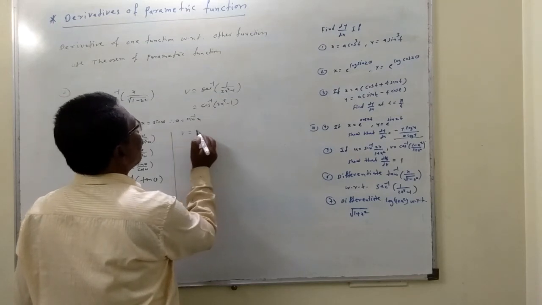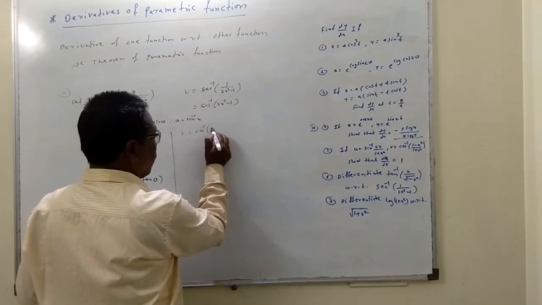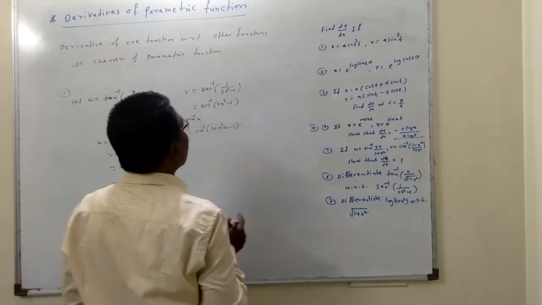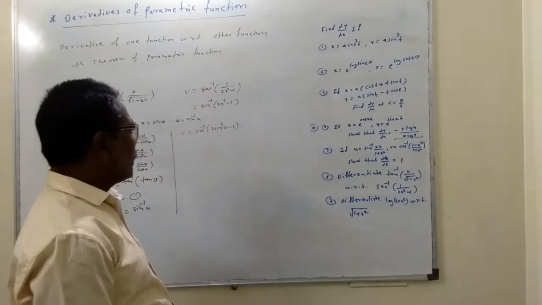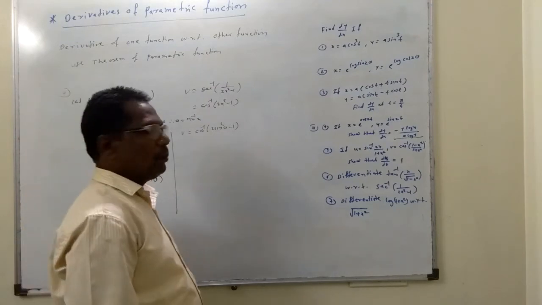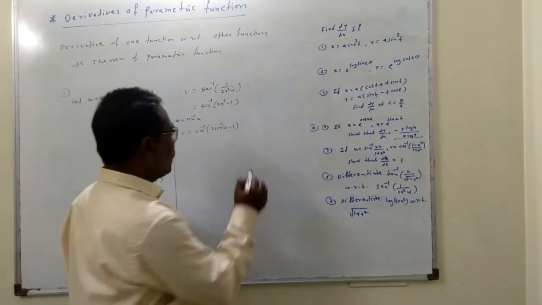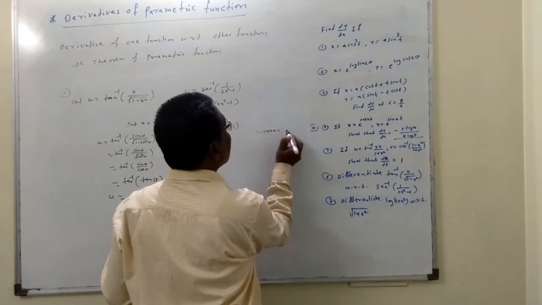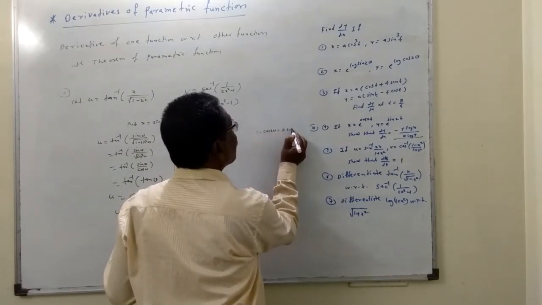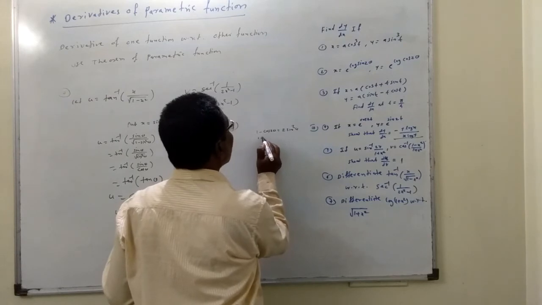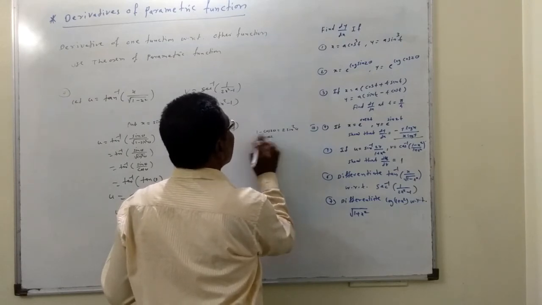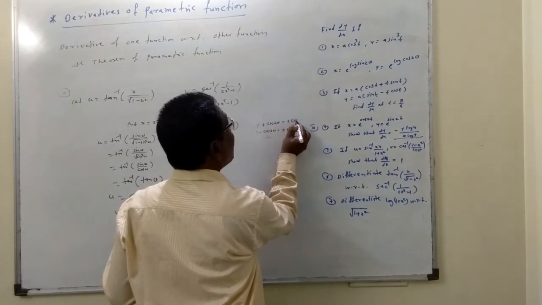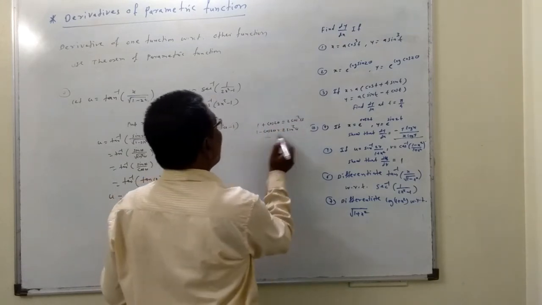So v is equal to cos inverse of 2 sine square theta minus 1. Now when the 2 sine square theta or 2 cos square theta term is coming, you recall the formula: 1 minus cos 2 theta is equal to 2 sine square theta, and 1 plus cos 2 theta is equal to 2 cos square theta.